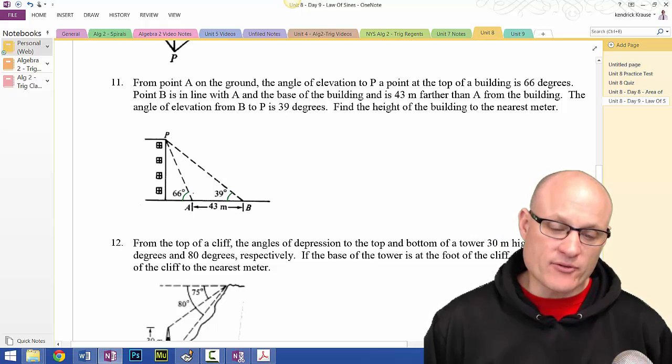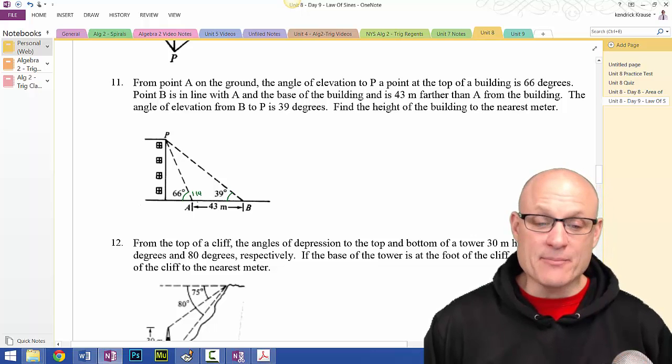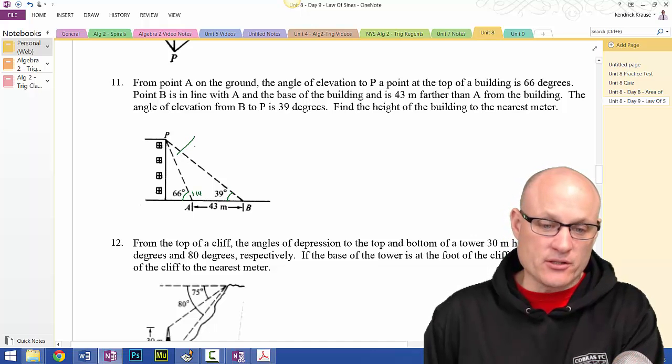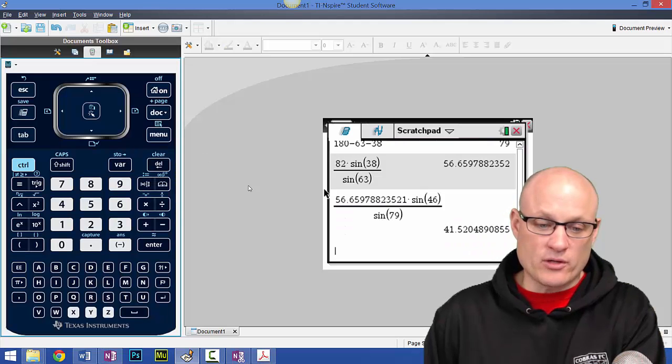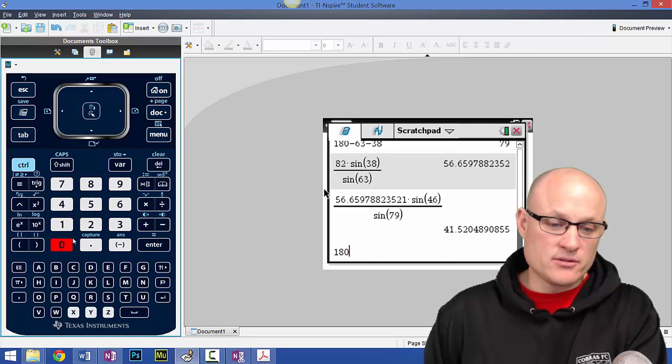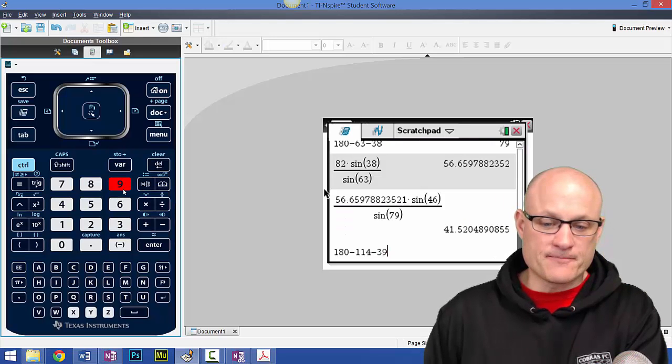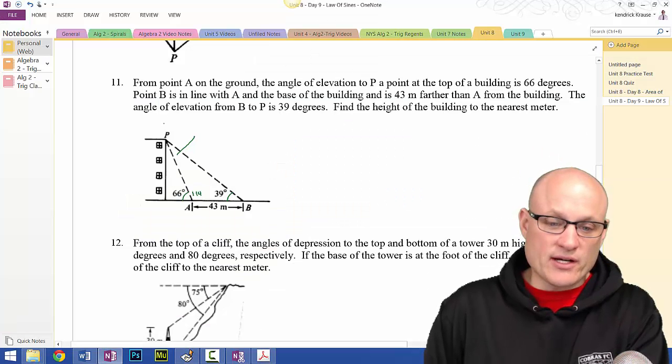First of all, you're going to have to know that this is 114. It's 180 minus 66. And then you're going to have to find this angle up here, which is 180 minus the 114, minus 39, equals 27. So now I found that 27 degrees.